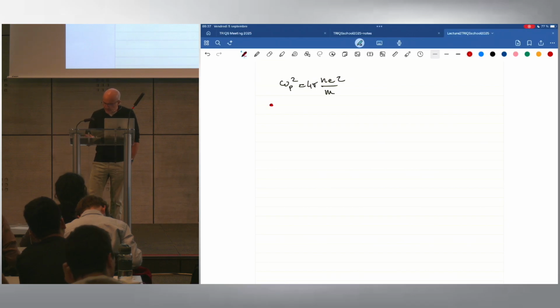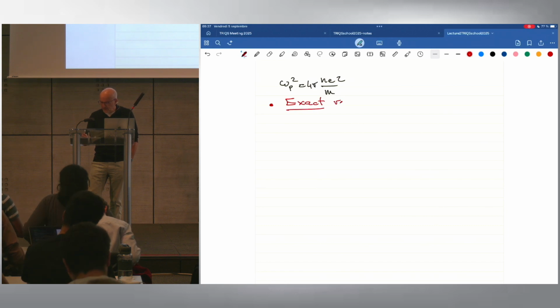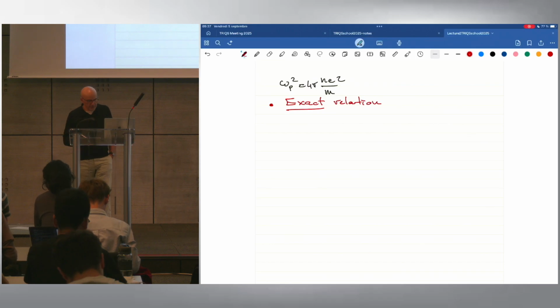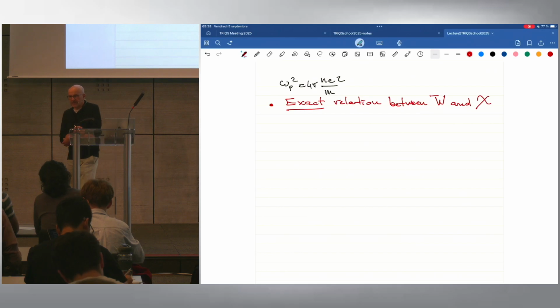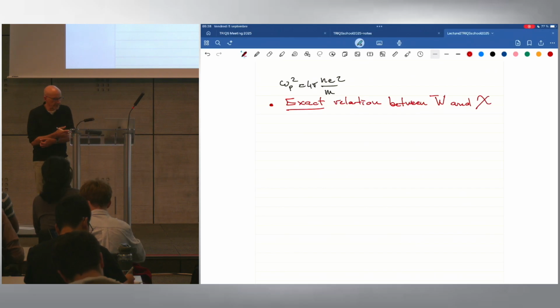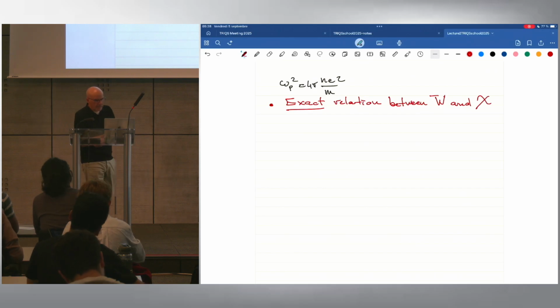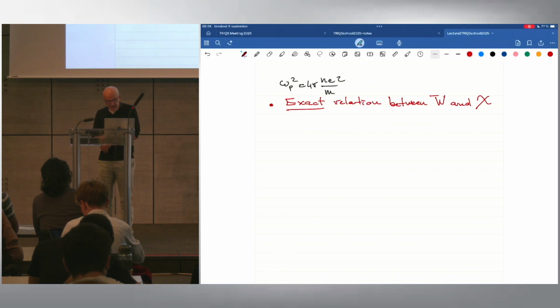Can one actually derive an exact relation, no longer approximate at the level of mean field or linear response, between W and chi, the density response function, and of course the bare Coulomb potential? And so the answer to that question is yes.